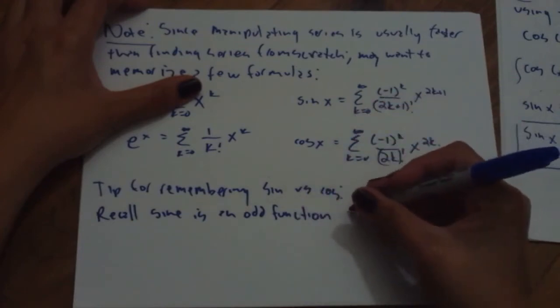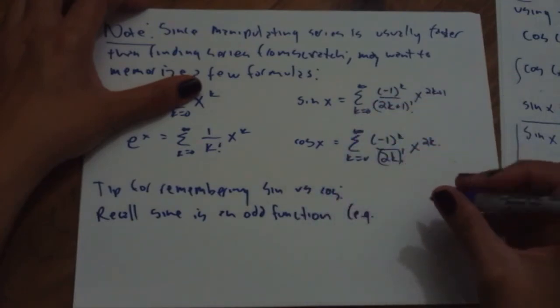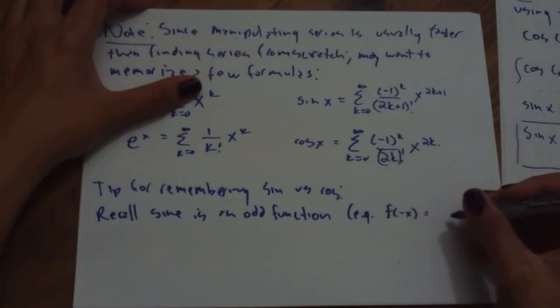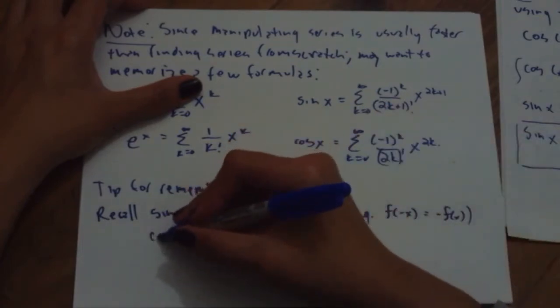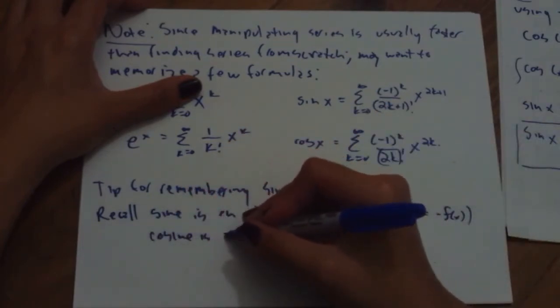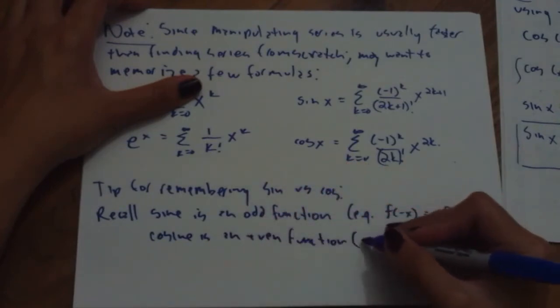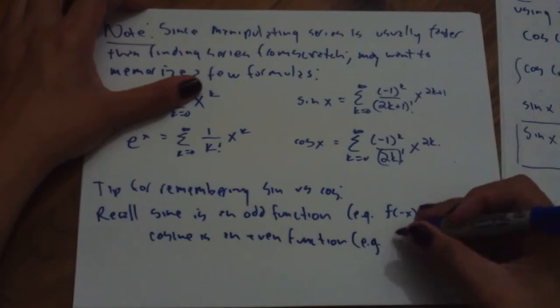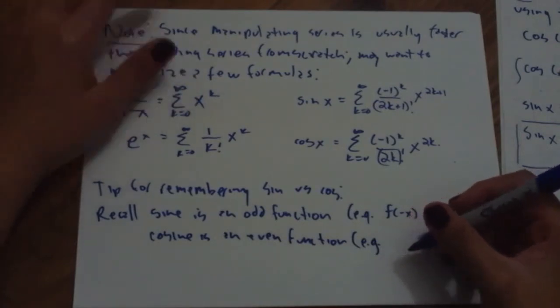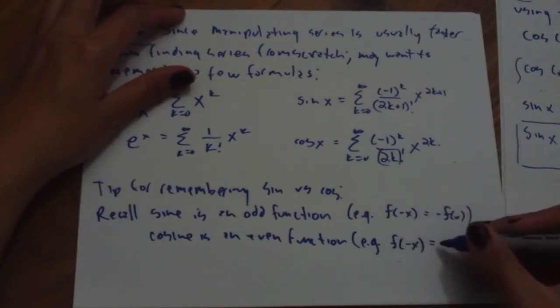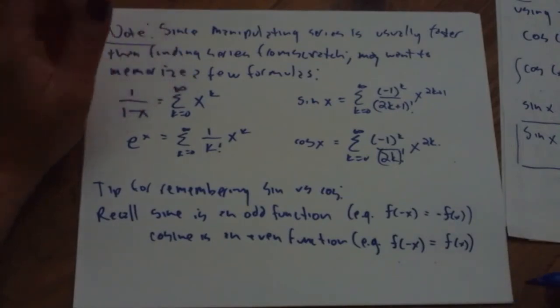What we meant by odd function is if you plug in a negative to it, you can pull the negative out. And cosine is an even function. What I mean by that, and what you mean whenever you discuss any even function, is if you plug in a negative to it, it looks exactly like you plugged in the same thing as the positive version.